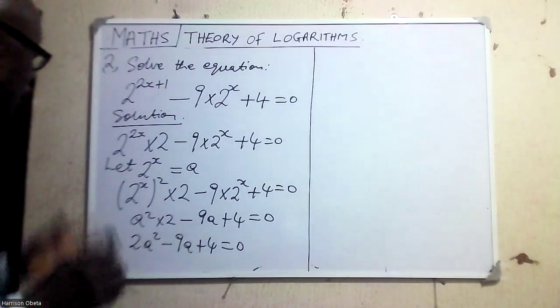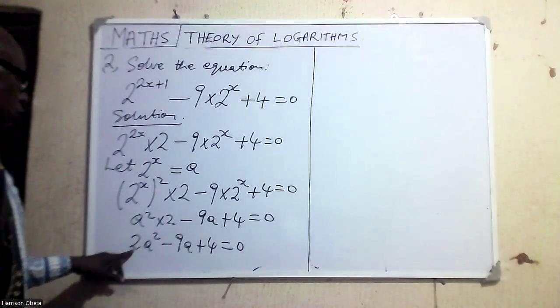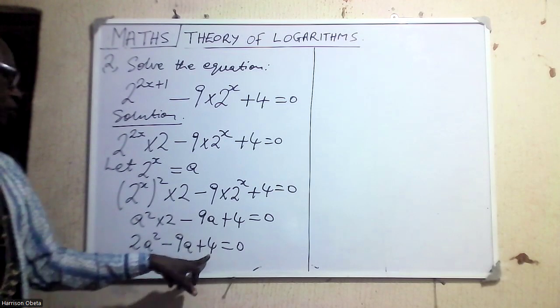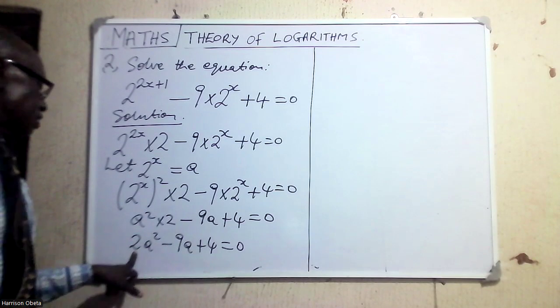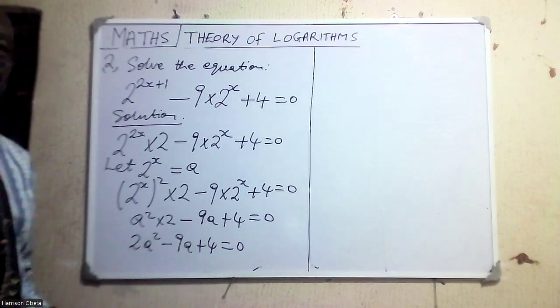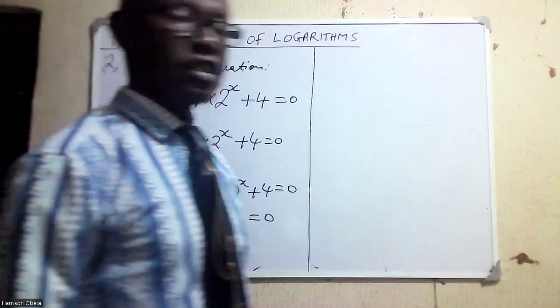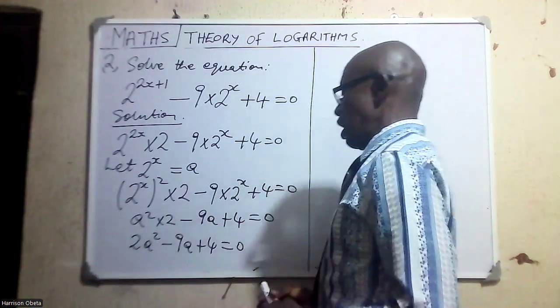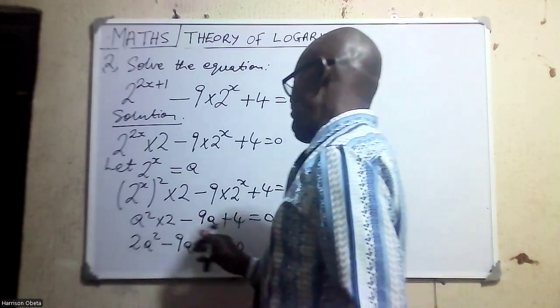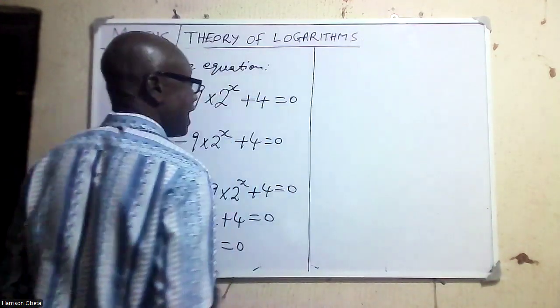So for us to factorize, the method is this. Use the coefficient of a squared to multiply this value. That is, this 2 times 4 is 8. You will now look for factors of 8 that will give us plus 8 when we multiply, and when we add or subtract, we get minus 9.